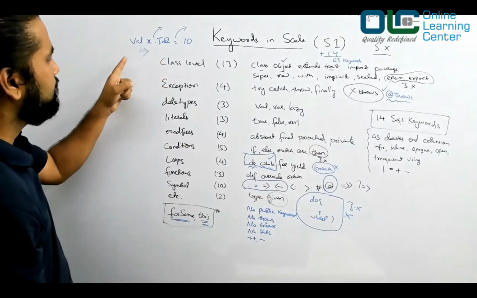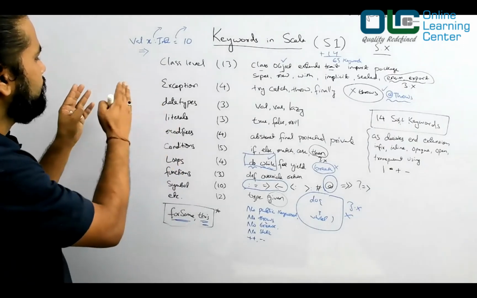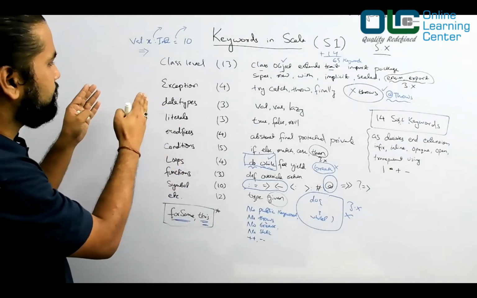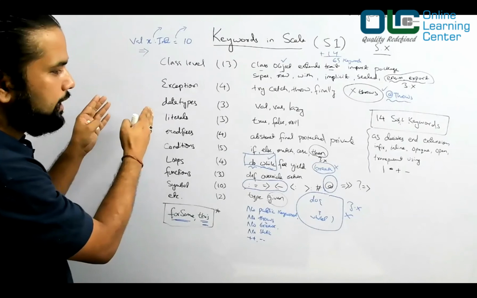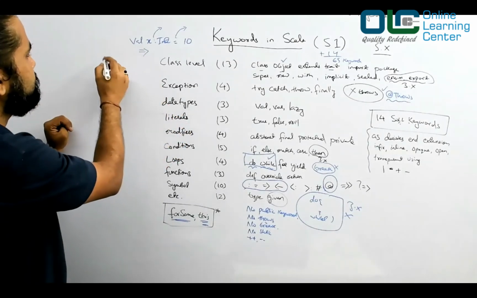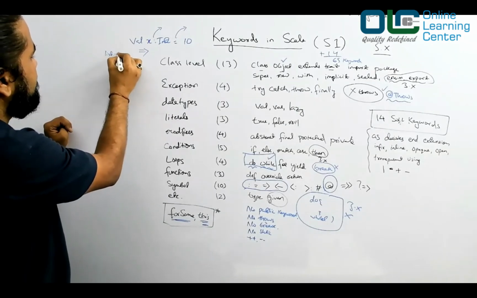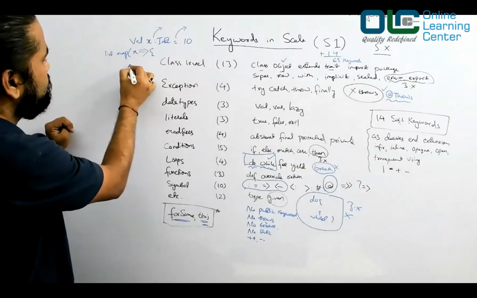This symbol, equal to and greater than, is used when you want to separate your block. Let's say you've written a function, so you'll write something like list dot map x is equal to greater than do something.